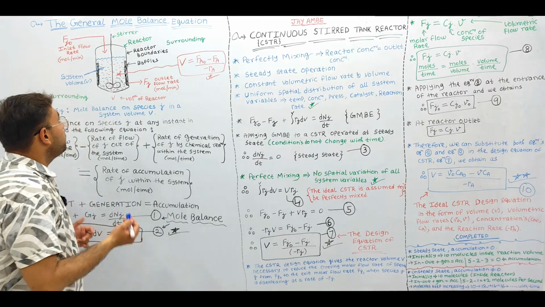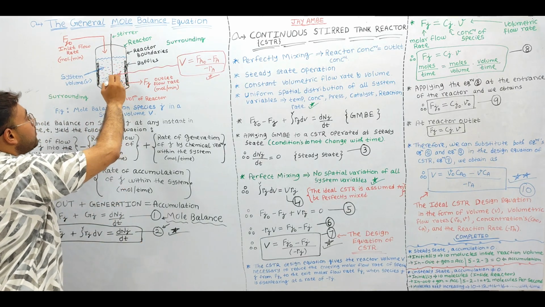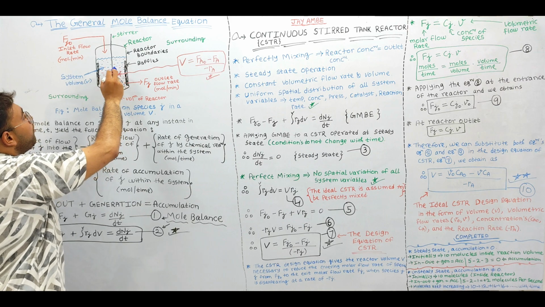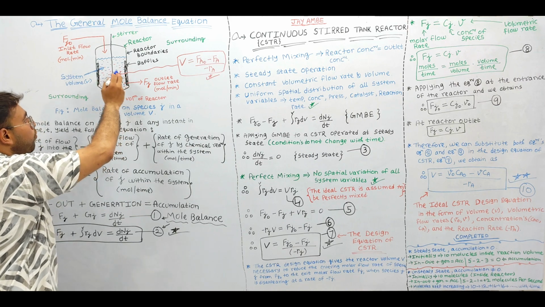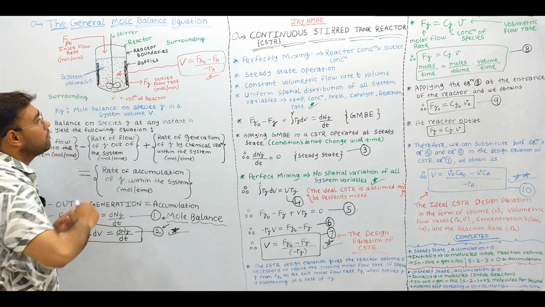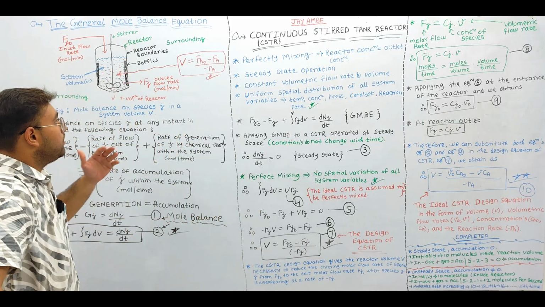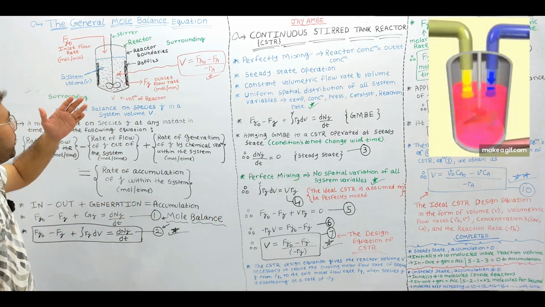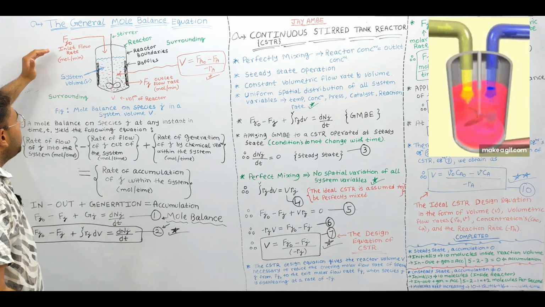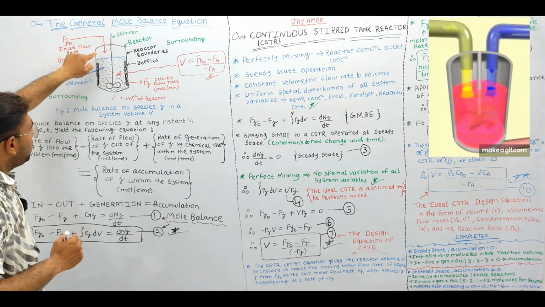Stirred means that by using a stirrer or agitator, we are providing uniform mixing of the system throughout the entire reaction volume, right? And continuous means that in the continuously stirred reactor, we have a continuous inlet molar feed stream to the reactor.